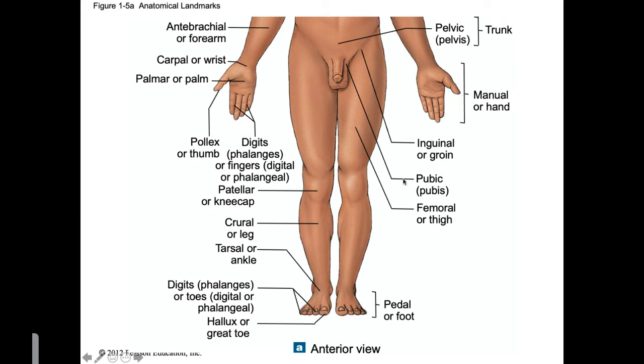You have the pubic region, and then you have the inguinal region. Here's the inguinal ligament here. The kneecap is called the patella, and the leg is called crural. The wrist, carpals, and the foot you have tarsal bones. There's carpal tunnel syndrome, and believe it or not, also tarsal tunnel syndrome.